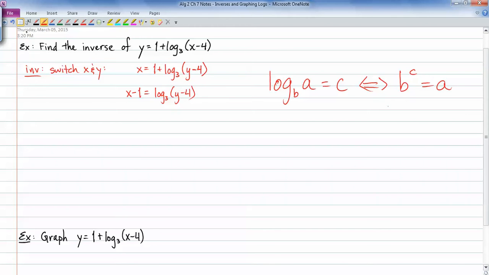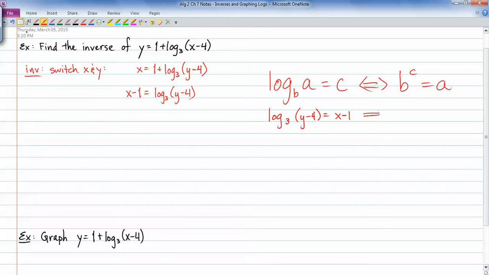And over here, if I rewrite the formula that I'm trying to solve right below, it's log base 3 of y minus 4 equals x minus 1. So the a is y minus 4, the b is 3, and the c is x minus 1.